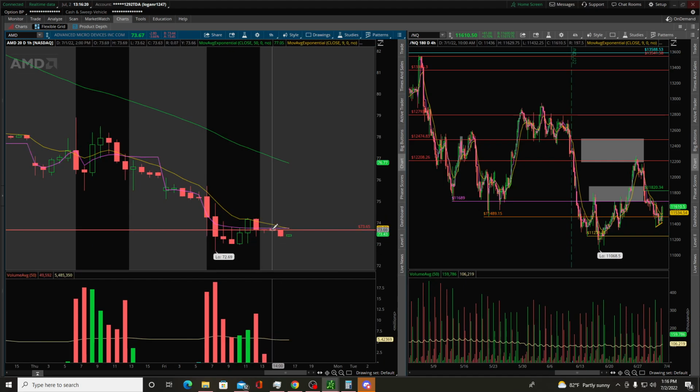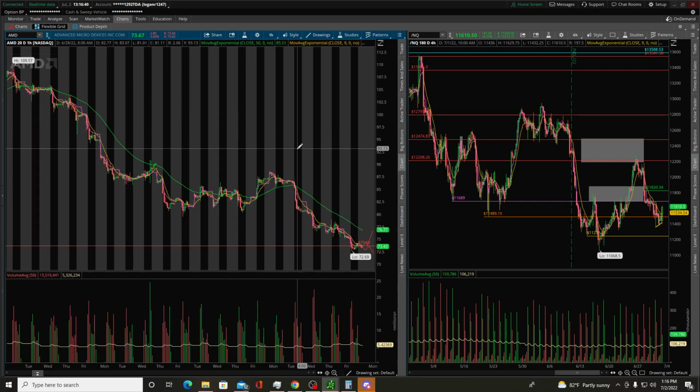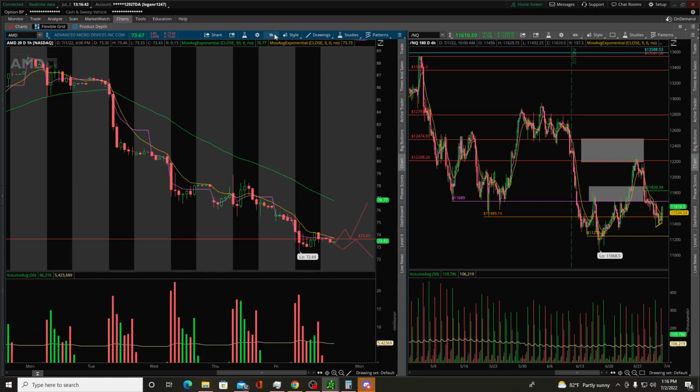It tried to hold back under there. We got bought back up midday. We got a push back below it. The main things you're going to want to be watching for, since we moved down, are something like this, or something like this, to try and trade back up into that 50 to see if one of these trends can continue or if the trend can break.